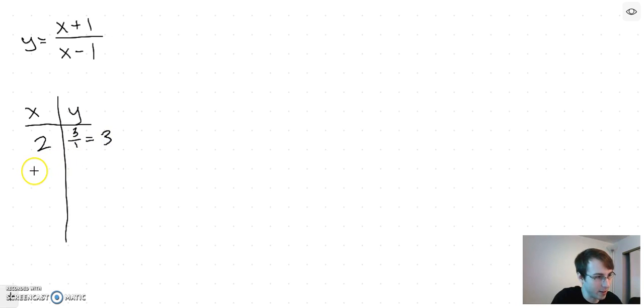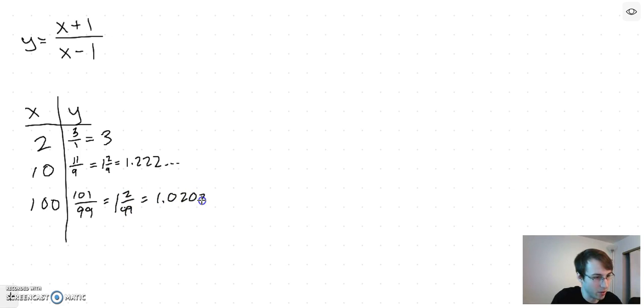When we plug in x as 10, we get 11 over 9, which is 1 and 2 ninths, which is 1.222. When we plug in x as 100, we get 101 over 99, which is 1 and 2 over 99, which is 1.0202.